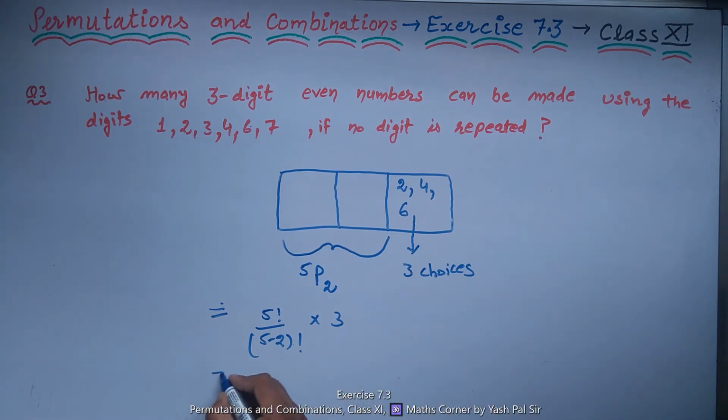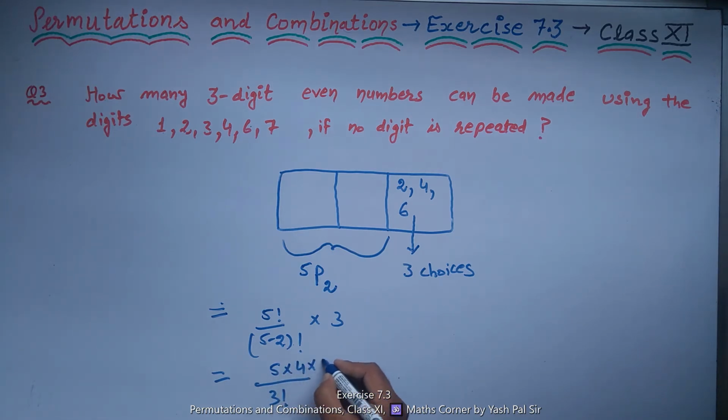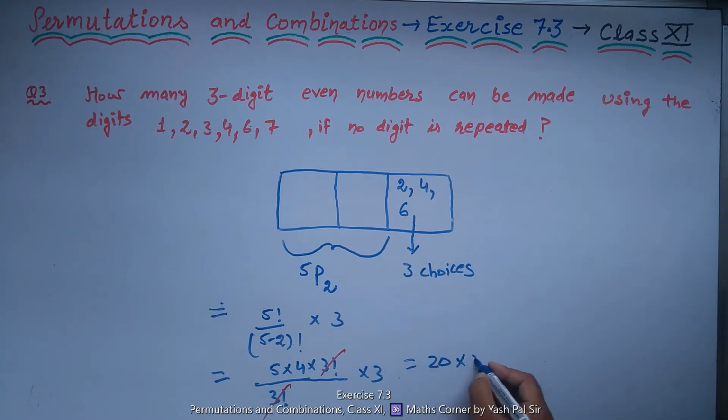So this is equal to 5 factorial divided by 3 factorial into 3. The numerator becomes 5 into 4 into 3 factorial into 3. Now this 3 factorial is cancelled, so we are left with 5 into 4, 20, into 3, which is equal to 60 ways. So this is the desired result.